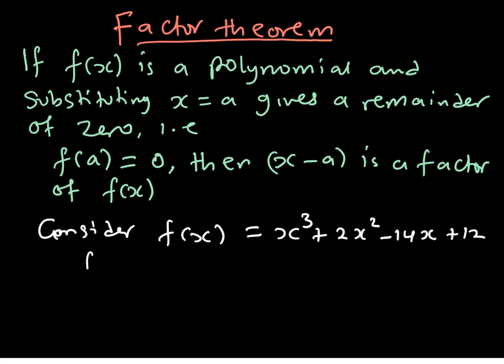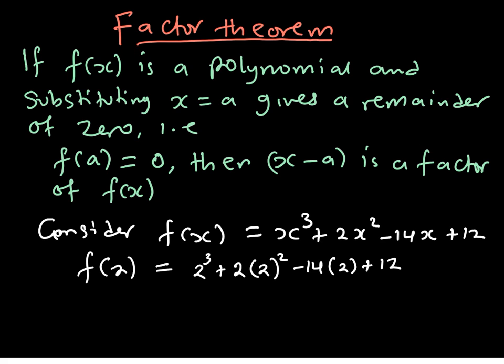So f of 2 is equal to 2 cubed plus 2 into 2 squared minus 14 into 2 plus 12. Okay, 2 cubed is 8. 8 plus 8 is 16. 16 plus 12 is 28. Now 28 minus 28 is equal to 0. So f of 2 is giving us 0.